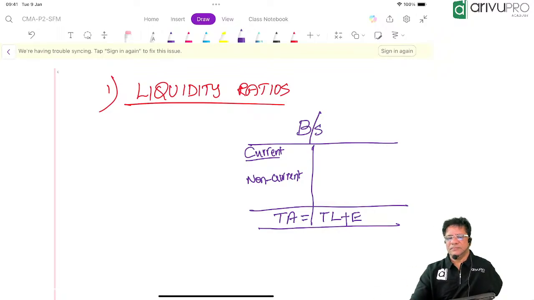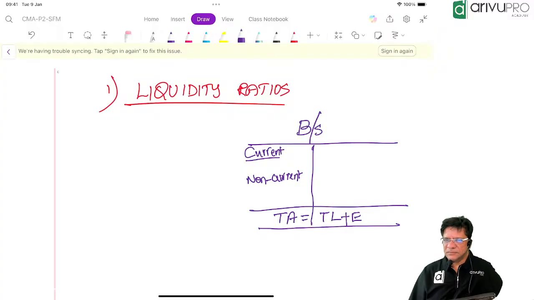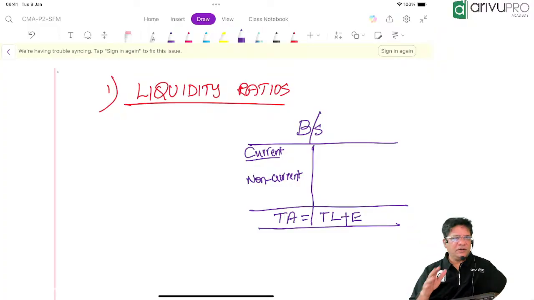Under current assets, what is a current asset? Anyone? Define current assets. Within 12 months. That is created in the business and is there for 12 months or one operating cycle. Later on we'll talk about what an operating cycle is in the next set of ratios.